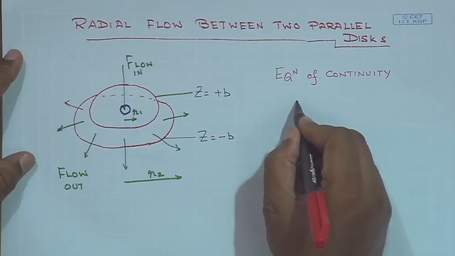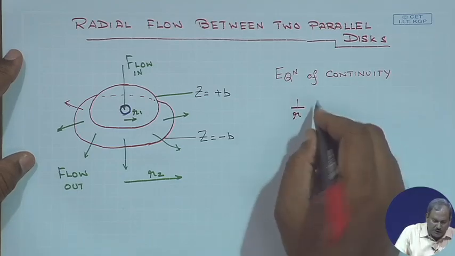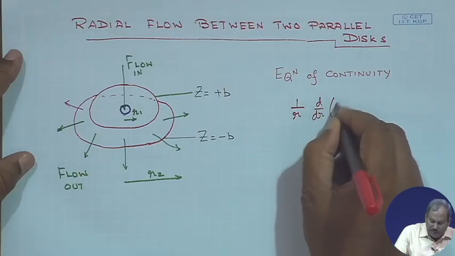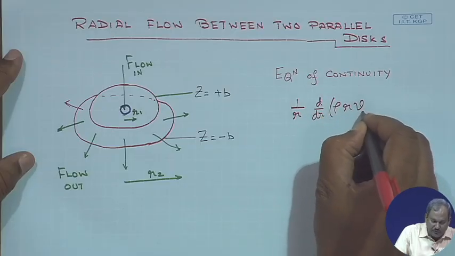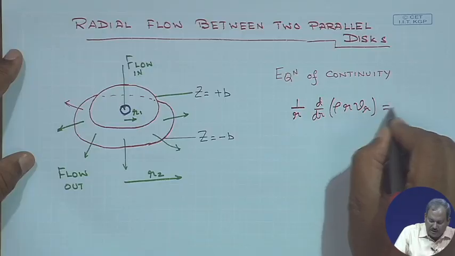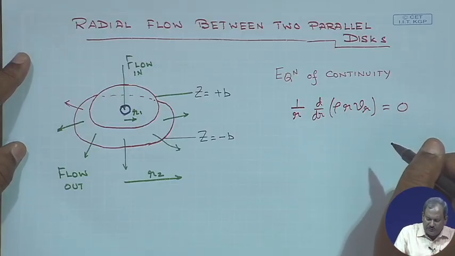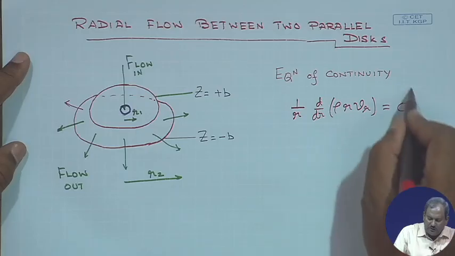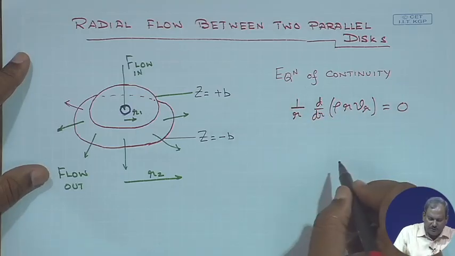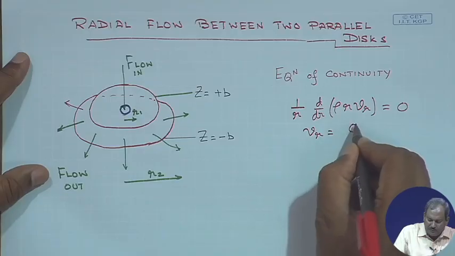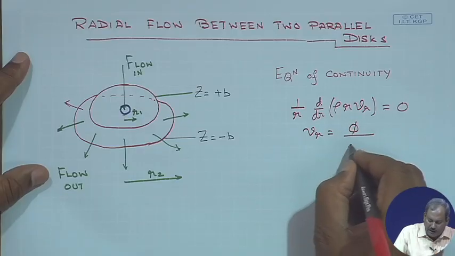So the r component of the equation of continuity in cylindrical coordinate systems would simply be d/dr of rho r Vr, where Vr is the r component of velocity, and since v theta and Vz are 0, this is the only non-zero term in the equation, and therefore Vr would be some phi by r.